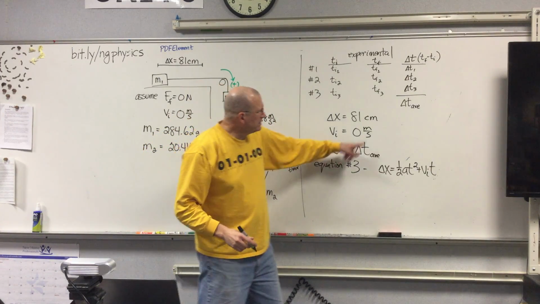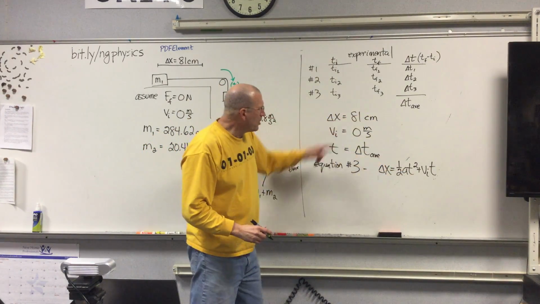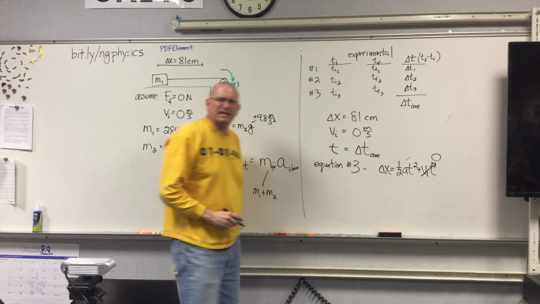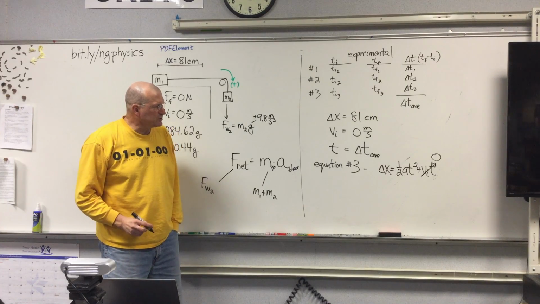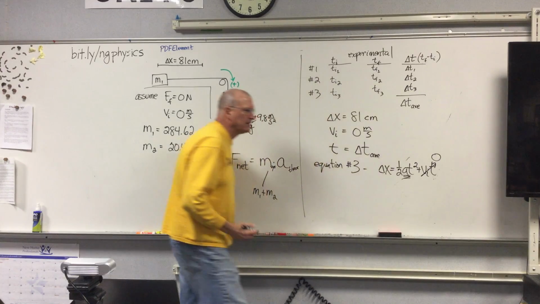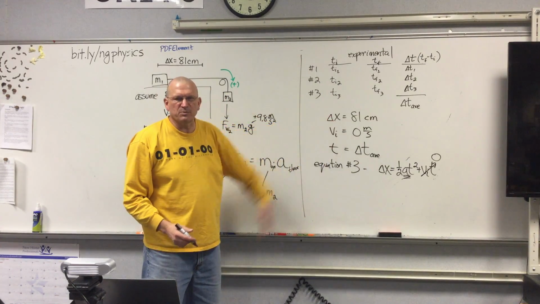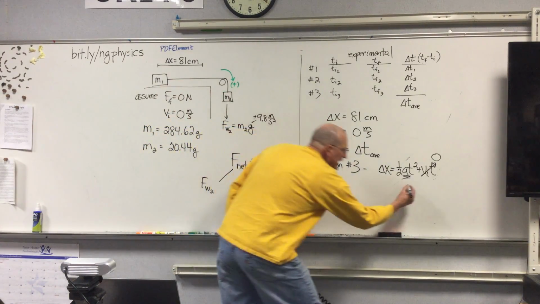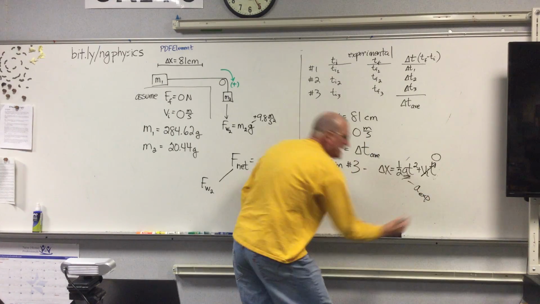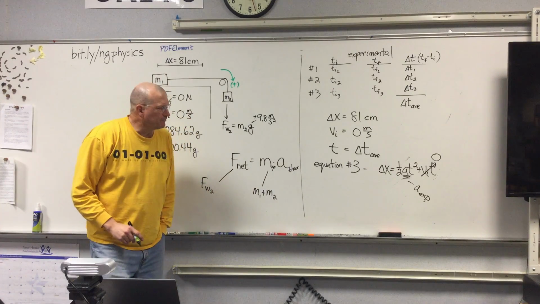And our t is our value there. Our vi actually is 0, so that means that whole second term goes down to 0. And what we want to do is calculate that a based on this experimental data that we collected, and this is what we would call a experimental.